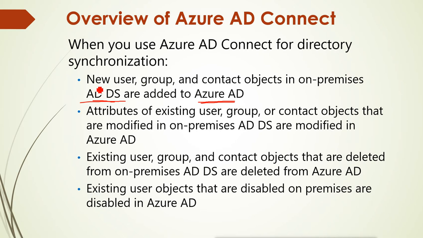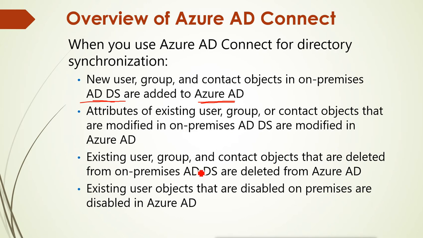So anything we change here in local Active Directory is not updated on Azure AD, and whatever we change on Azure AD is not going to update on local Active Directory. But if we want to synchronize, then we have to configure the synchronization by using the Azure AD Connect. Then attributes of existing user, group or contact objects that are modified in on-premises ADDS are modified in Azure AD also.